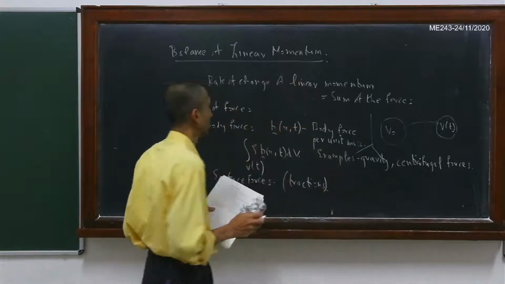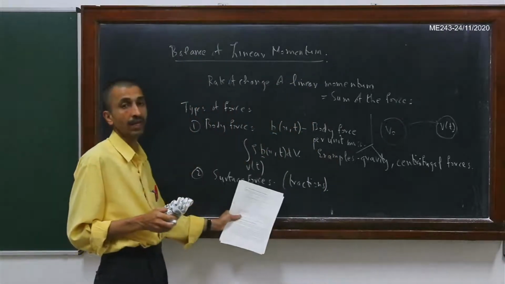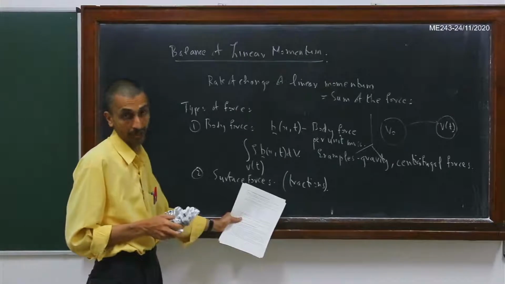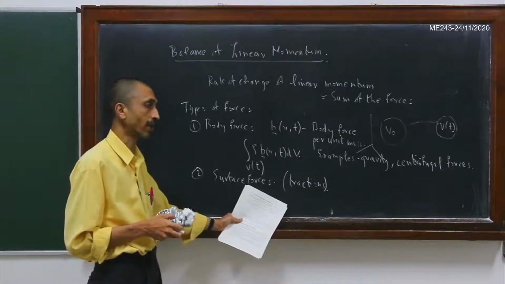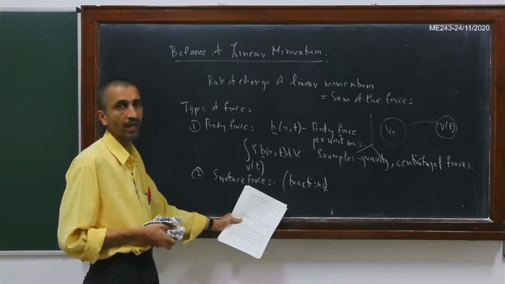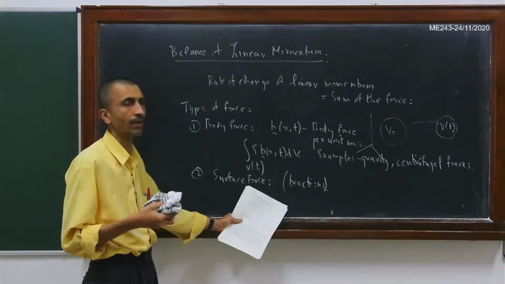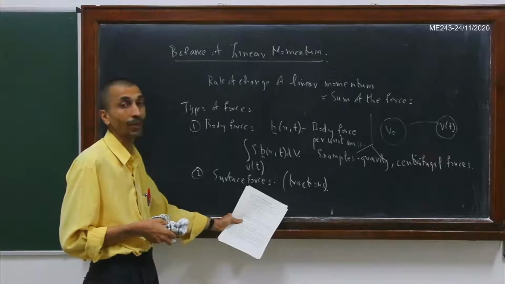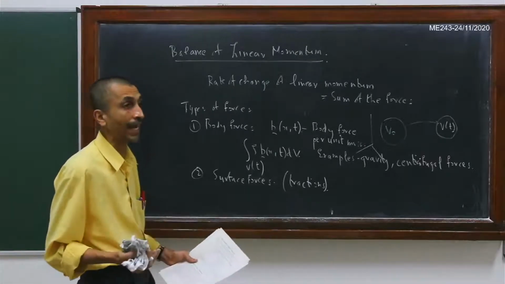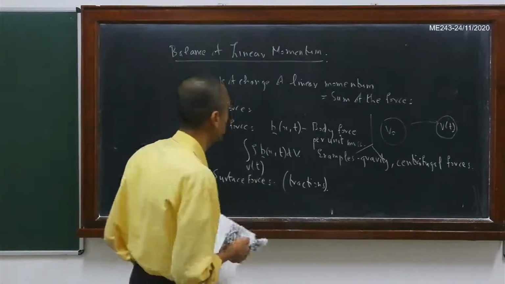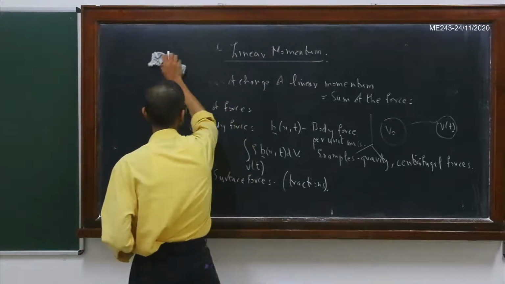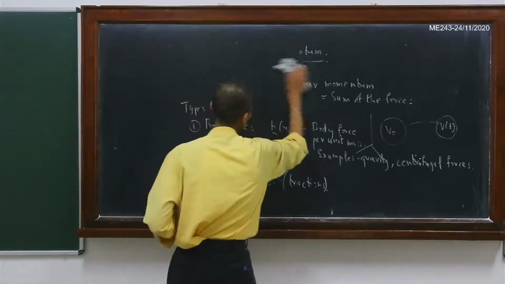These tractions have the same units as pressure, that is Newton per meter square. But unlike pressure, they need not act in a direction normal to the surface. So you can say that pressure is a special case of tractions. You can have tangential tractions, which are also along the surface of the material volume.